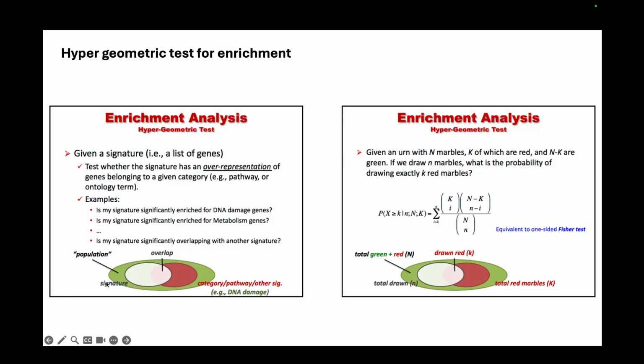So in this case, this is your total population, this is the overlap between your k successes and the total number of genes present, and this is the formula that gives you the probability that a particular set of genes is actually overrepresented in your data set or not.